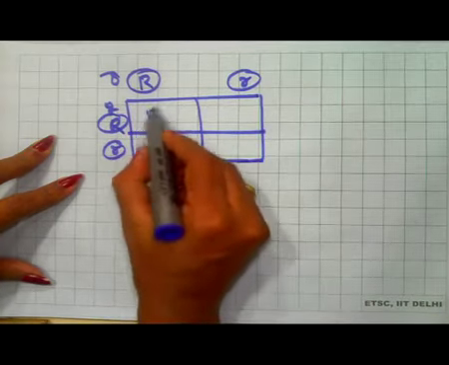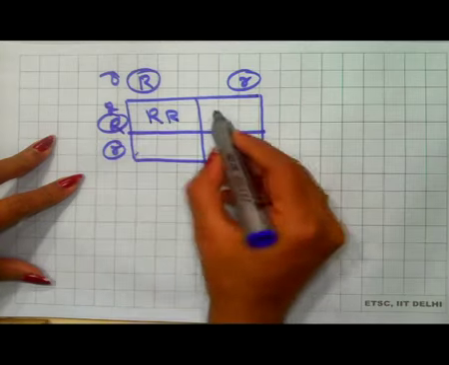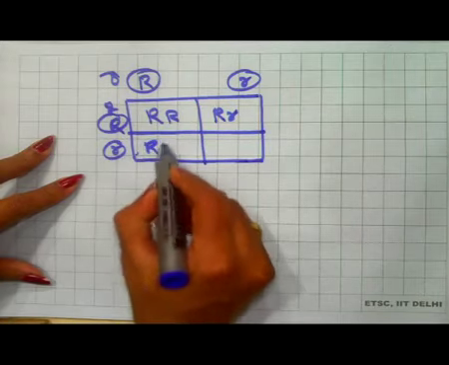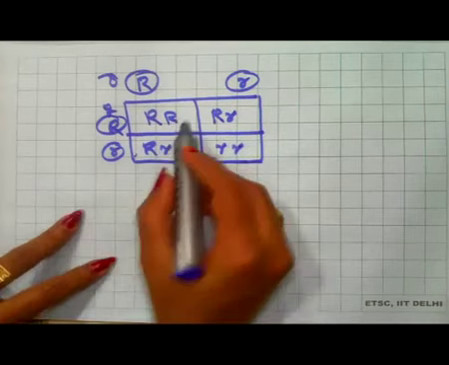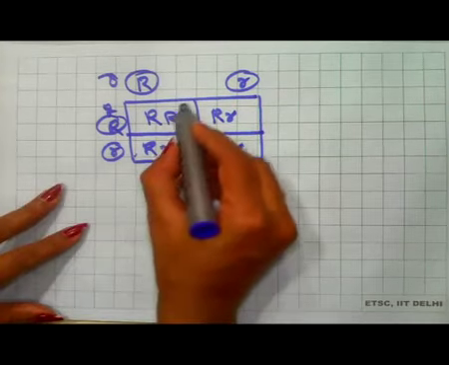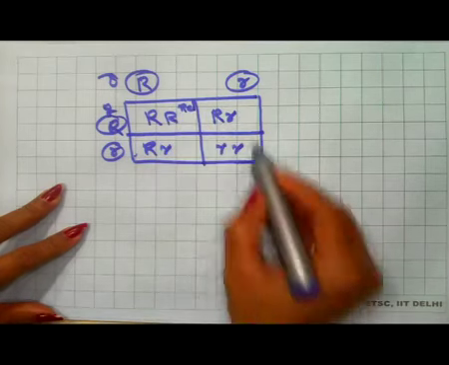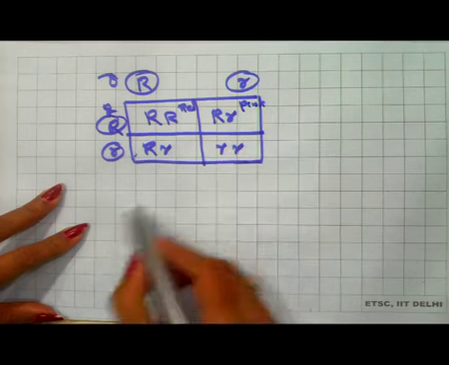These two alleles: capital R capital R, capital R small r, again capital R small r, and small r small r. This one is red, this will be pink, that is the difference.